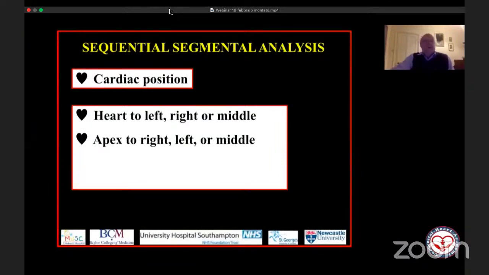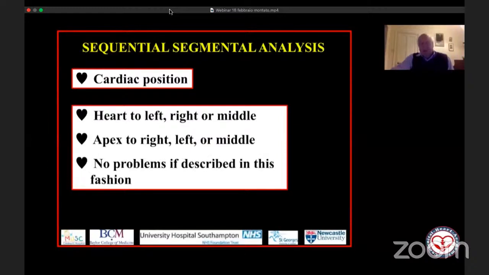So if I tell you the patient has a heart in the right chest, with the apex pointing to the left, you know exactly what I am talking about. So there are no problems at all if we simply describe what is going on. And it is for this reason I would commend description to you rather than trying to use somewhat jargonistic terms like dextrocardia and so on.